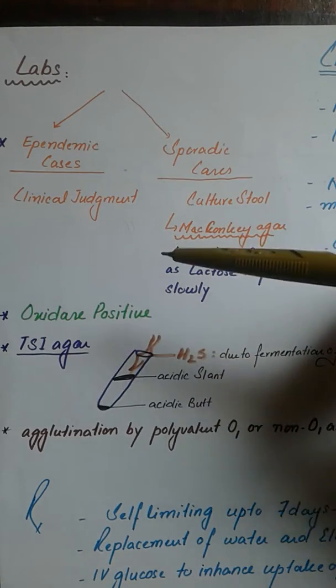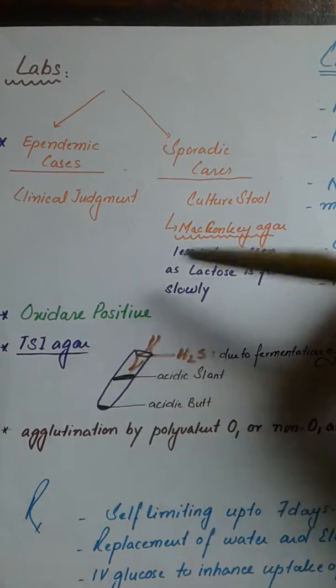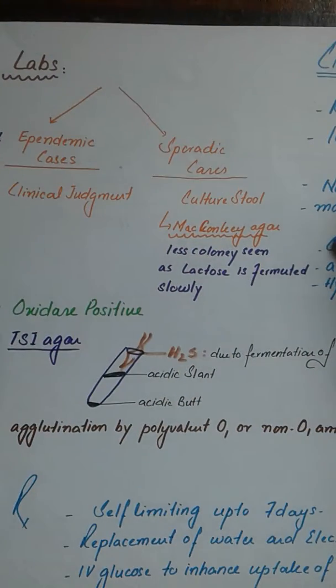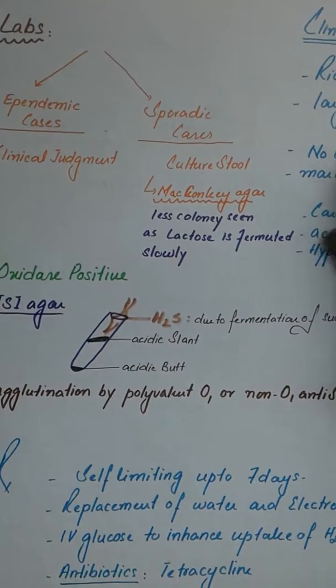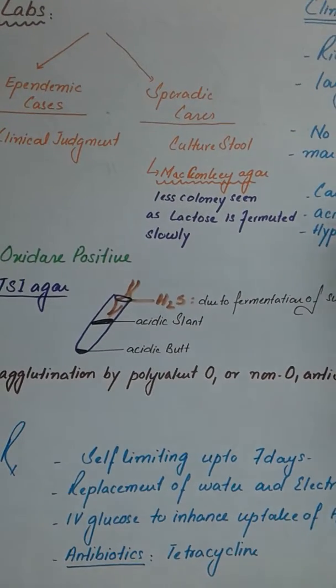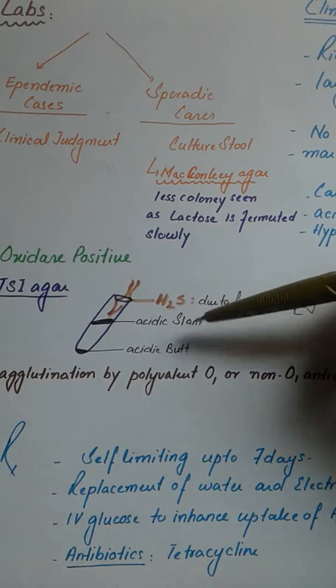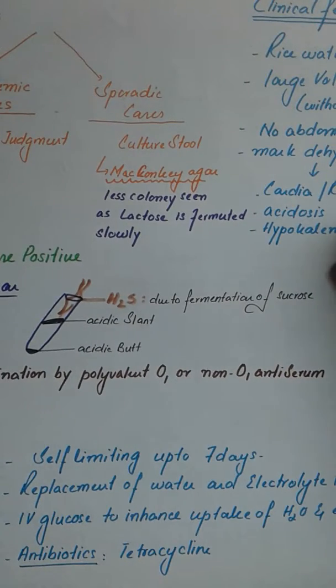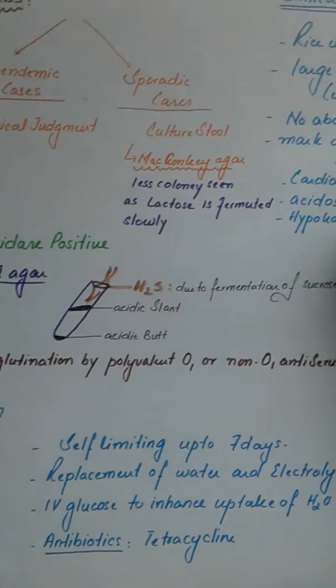Apart from that, Vibrio is oxidase positive. Another biochemical test we can do is to grow it on TSI agar. What we see is an acidic slant and an acidic butt, and hydrogen sulfide gas is not released. This is due to fermentation of sucrose by this organism.